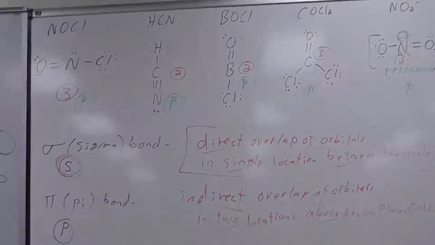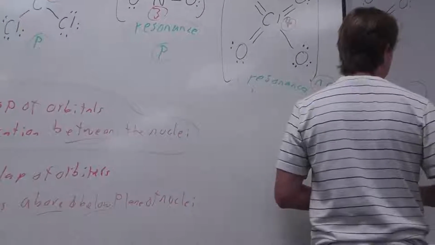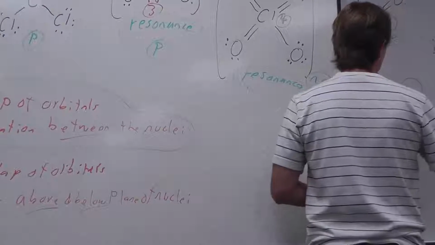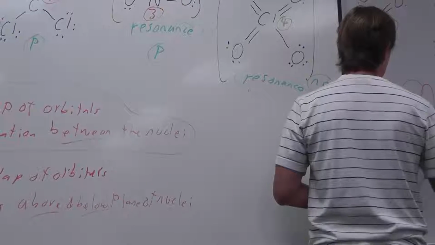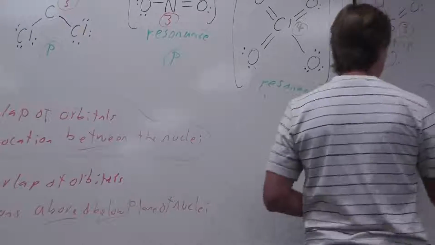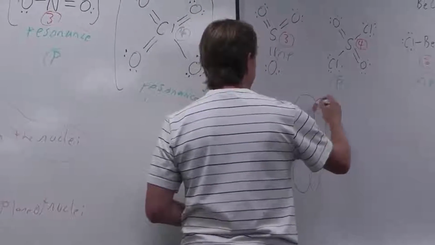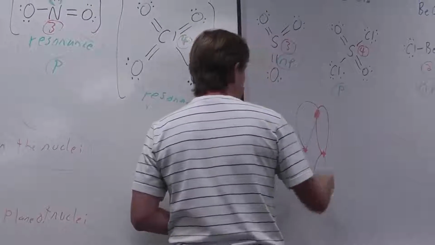And so that would look something like this. If this is a p orbital, and we brought in another p orbital parallel to that, and here's a nucleus, and here's a nucleus, but the electrons are out and around.